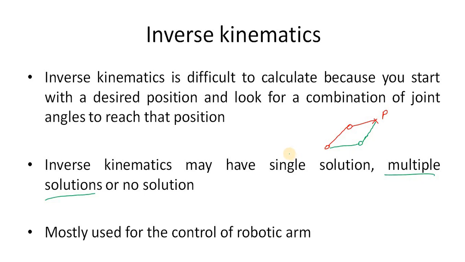So this type of kinematics, we use it for control of the robotic arm. What you want to do is a position control. Let's say you are doing welding, and you want your welding rod to stay on the metallic object.